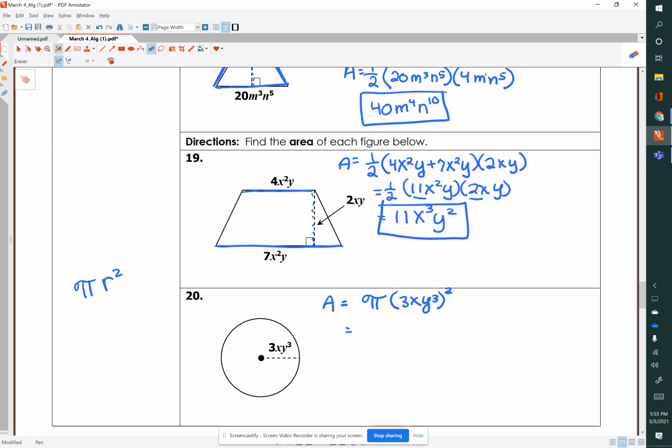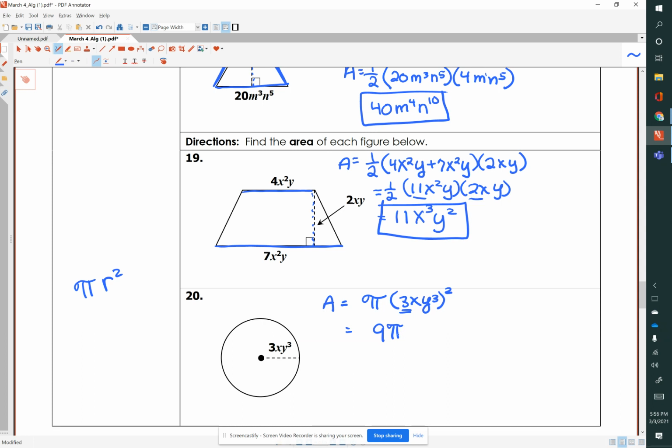So let's not forget to square our 3. So we have our pi. It's a convention generally to put your constant or your coefficient in front of pi. So 3 squared is 9, and we've got our pi. Remember, multiplication is commutative, so it doesn't matter.